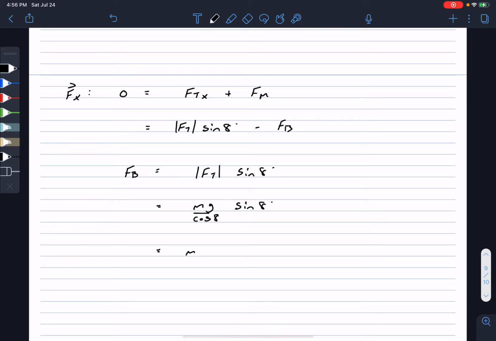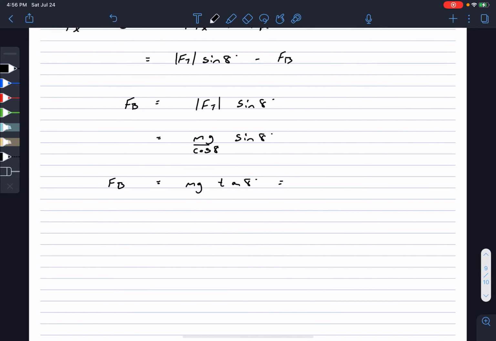And that gives us mg tangent of 8 degrees is equal to the magnetic force. We also know that this magnetic force is going to be equal to the magnetic field strength times the current times the length of the wire, times the separation, over 2 pi r, which is the separation distance.